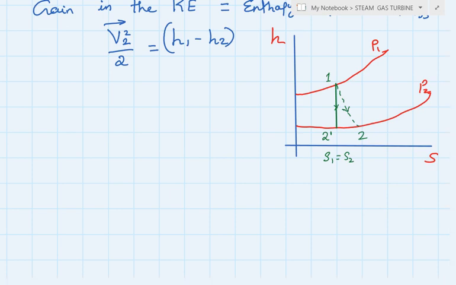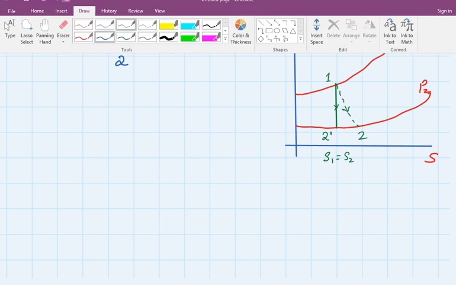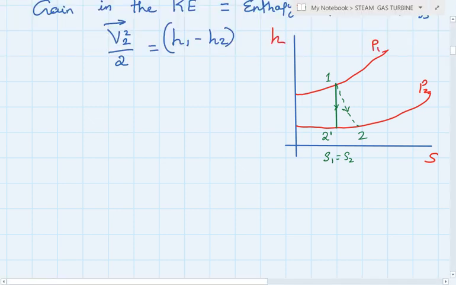Let me continue the derivation. Let me take this as equation number 3.